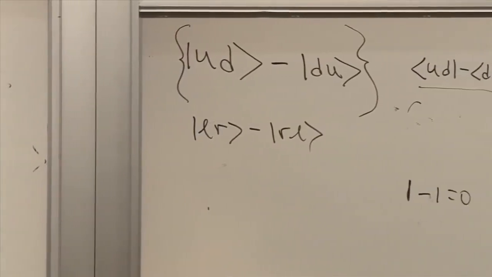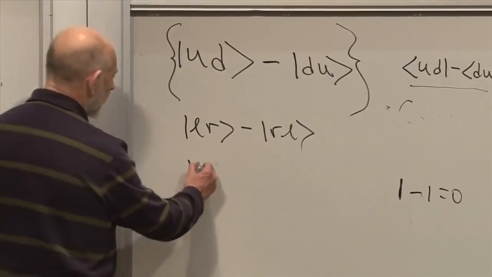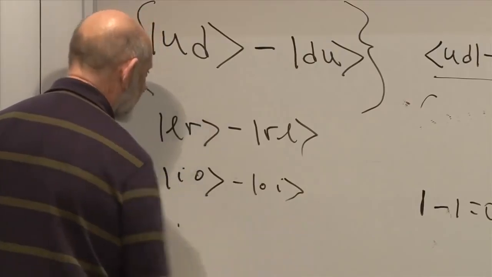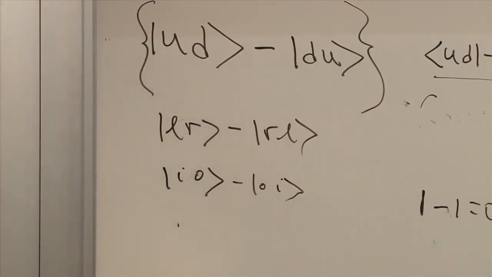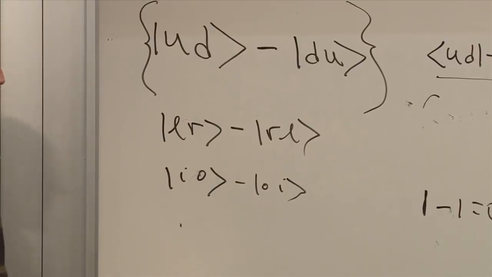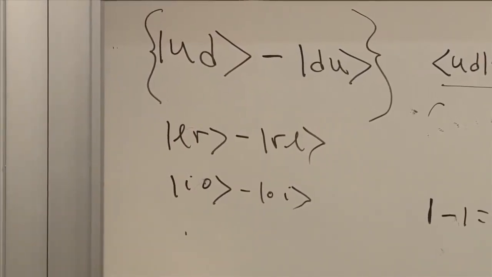Supposing I rewrite it in terms of in and out, what do I get? In, out, minus out, in. So the structure that this state has, the nature of it, is actually the same in every basis. In every basis it looks the same. And that would not be true for up, down, plus down, up.